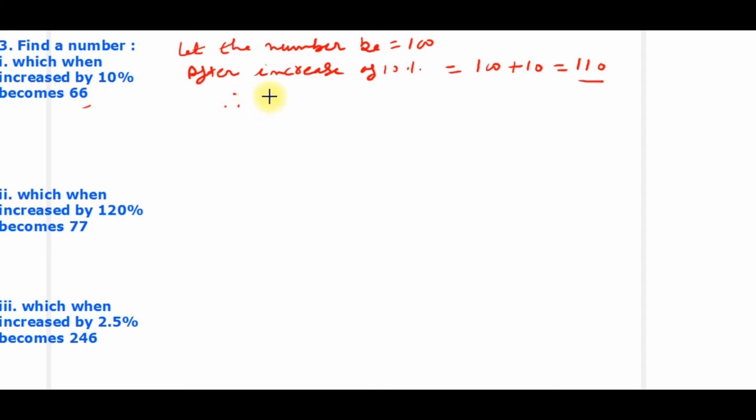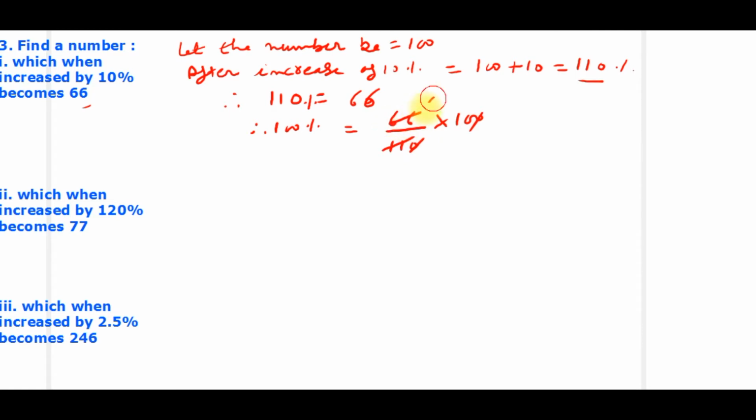Therefore 110% has become 66. Therefore 100% would be 66 upon 110 multiplied by 100.